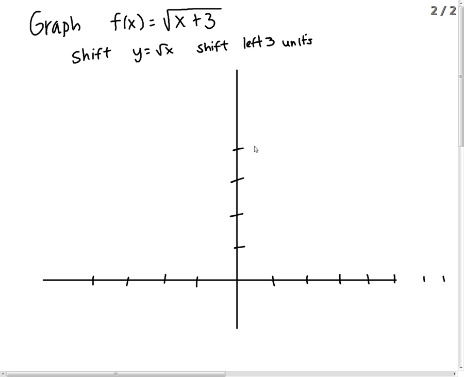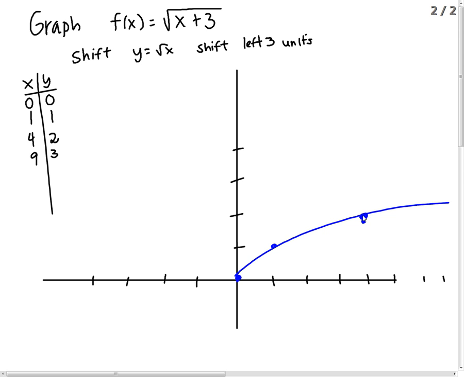But okay, so if I look at my original, I plug in 0, I'm plugging into here, 1, 4, and 9, because those are the perfect squares. So 0, 1, 2, and 3, plugging into here. So I plot those. 0, 0, 1, 1, 4, 2, 9, 3. It's off my picture, but you get the idea.